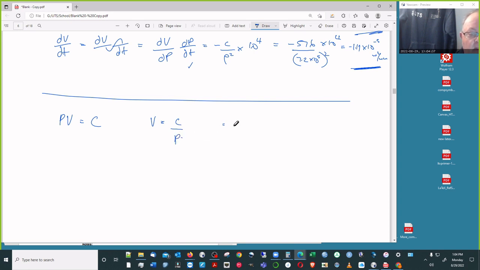Rewritten, that's like V is a function of P. In other words, the variable that's changing V is P. Now this is like saying y is equal to C on x.